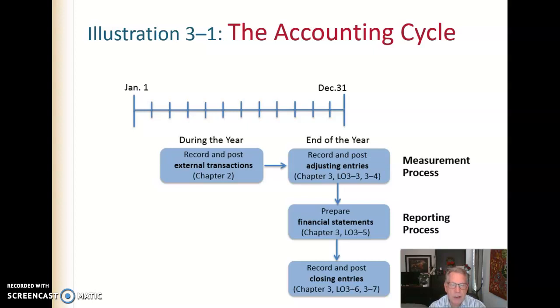Once we finish the adjusting entries, then we're ready to start doing the financial statements. And once we've published those financial statements, we're going to do the closing entries. You will remember that I referred to those closing entries earlier in the first two chapters as the process by which we move our net income to retained earnings.